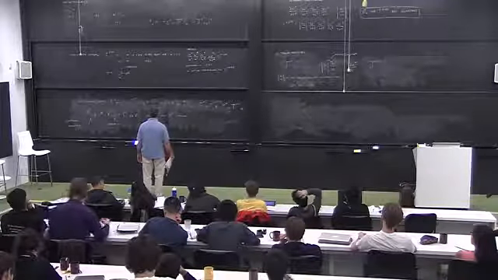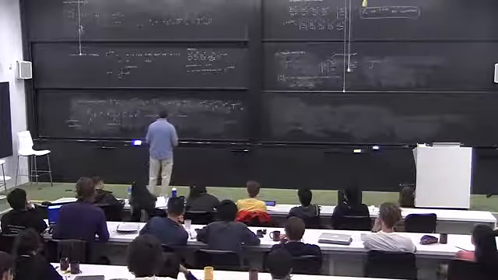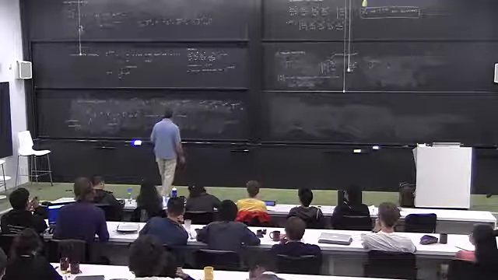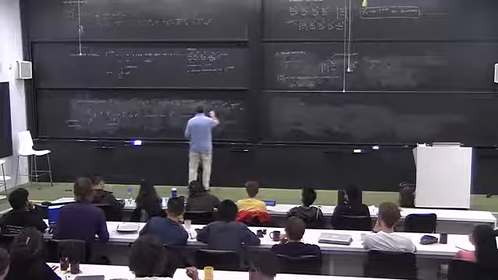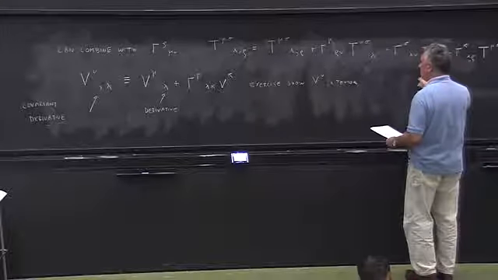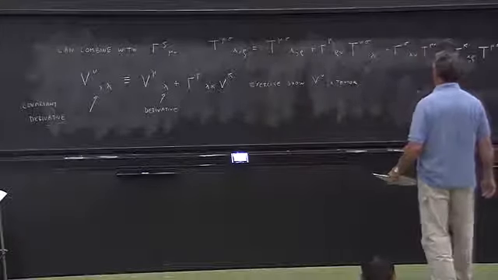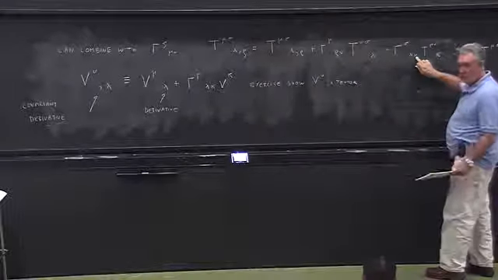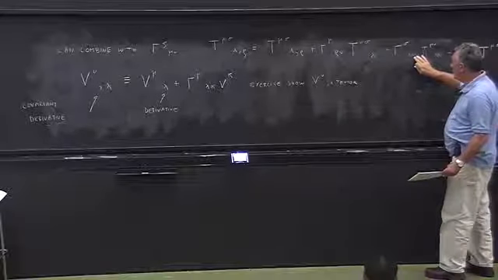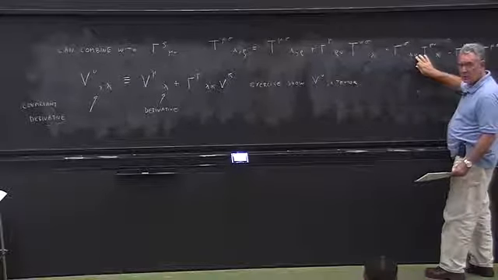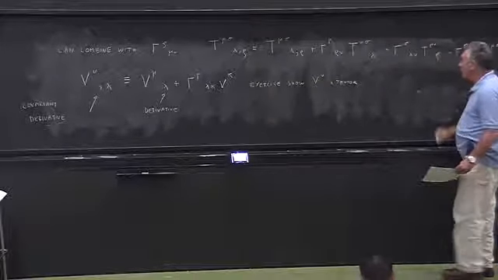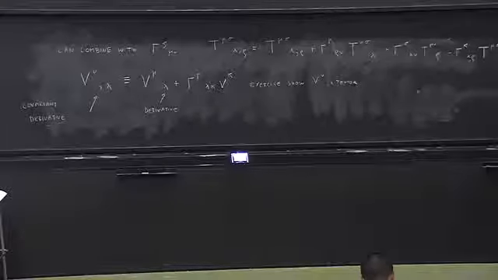In the third term, the second lambda should be a rho. So what should it be? Lambda nu, and then rho. The other lambda should be a rho. Right. Is that okay?